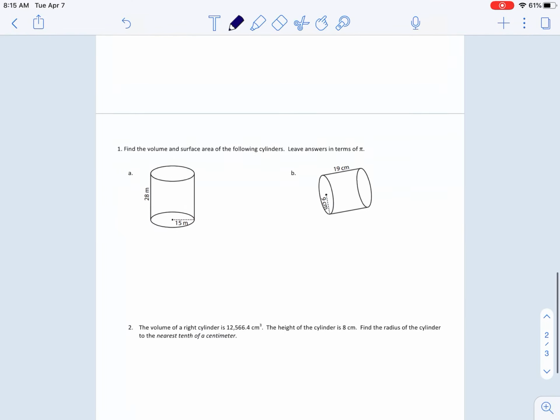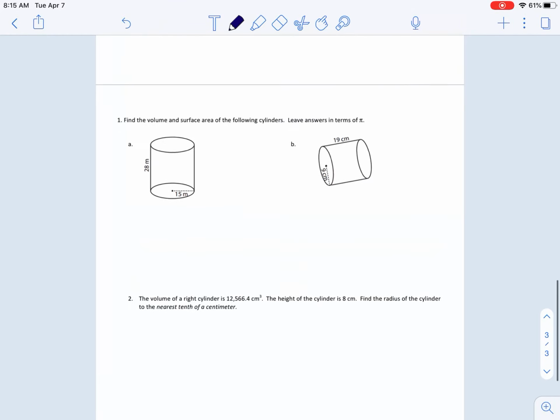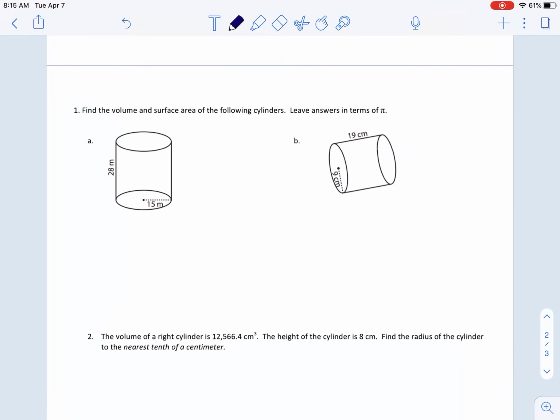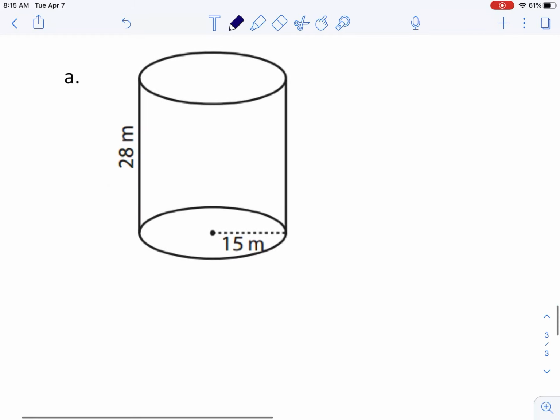Okay, so I have three questions for you. You know what? Let's do the first one, because why not? If I want this first one, I have a volume. So let's think about this. This is 15 meters.